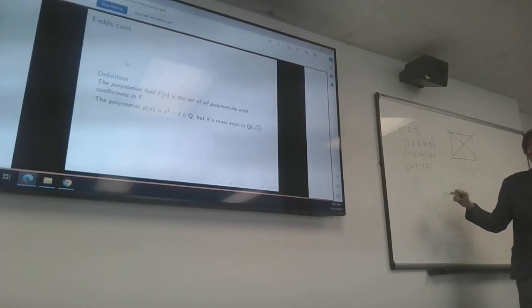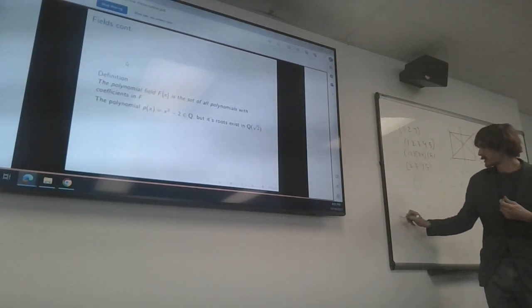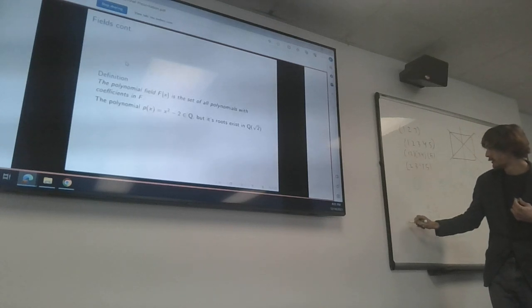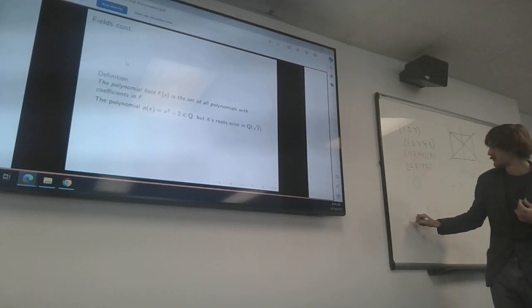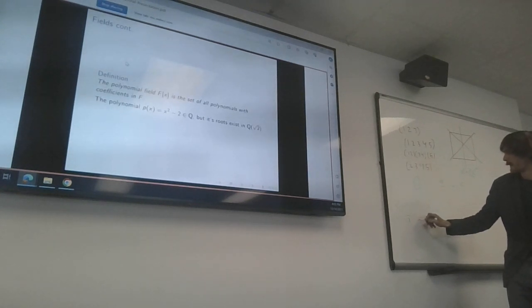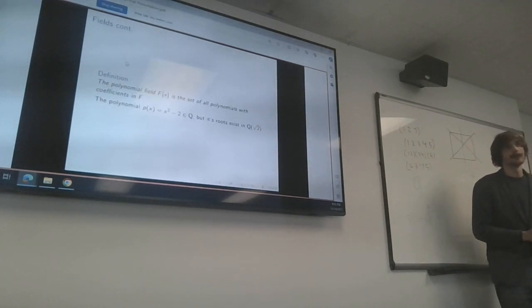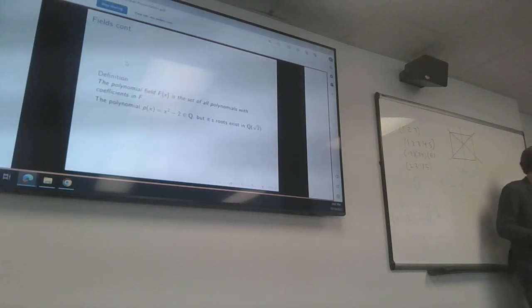All of those coefficients are in the rational numbers. But if you split this polynomial, you have x minus square root of 2, and then x plus square root of 2. And that's obviously not a rational number.